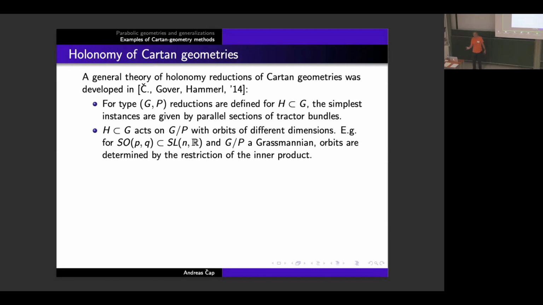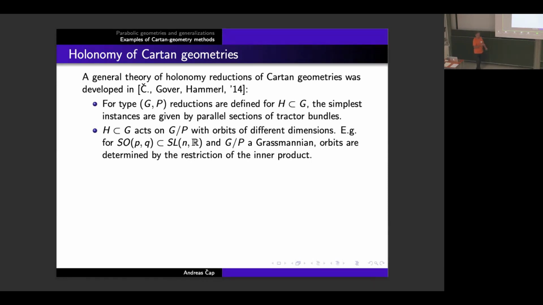The simplest example of a holonomy group would be some SO(p,q) in SL(n). But SO(p,q) doesn't act transitively on the space of lines, because on a line your given inner product can be positive, negative, or null; or if you want, your line can be space-like, time-like, or light-like. So this holonomy group acts on the homogeneous model, but the action isn't transitive, it has various orbits.